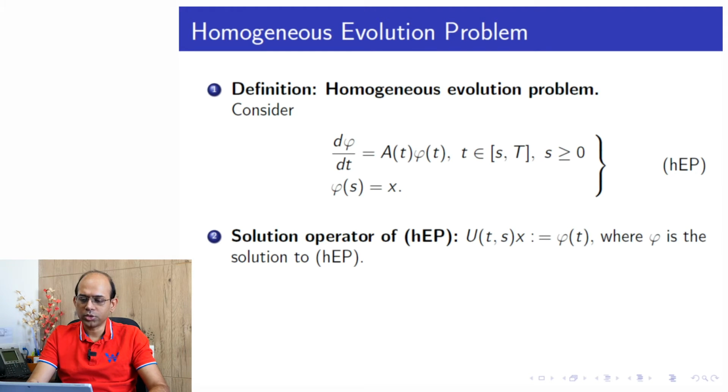Okay, so this is φ of t, and this solution operator capital U is a two-parameter family of operators, defined this way: when you apply this operator at the initial position small x, what you are going to get is the solution at time t. So given that at s the position was x, at time t you are going to get the solution at time t. Okay, so this is the definition of the solution operator.